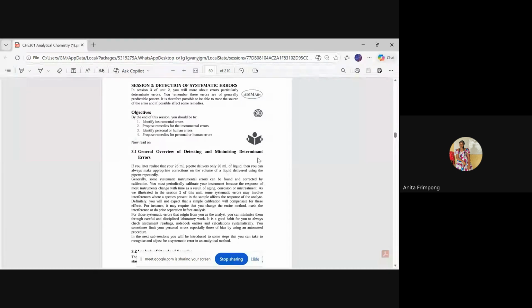For those systematic errors that originate from you as the analyst, you can minimize them through careful and disciplined laboratory work. It is a good habit to always check instrument readings, notebook entries, and calculations systematically.